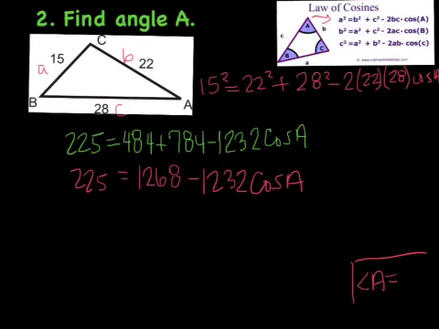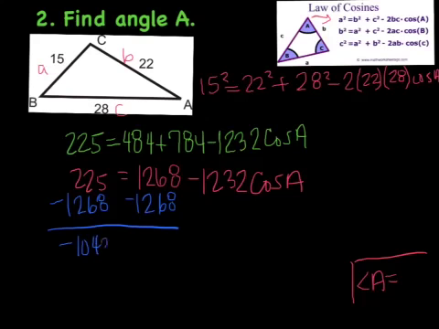Okay, we're solving for cosine A, so let's get that 1268 to the other side. And that's going to actually give us a negative number, which is fine because we have a negative number attached to cosine A. So we have negative 1043 equals negative 1232 cosine A. Now we want to get cosine A by itself, so we're going to go ahead and divide both sides by negative 1232.